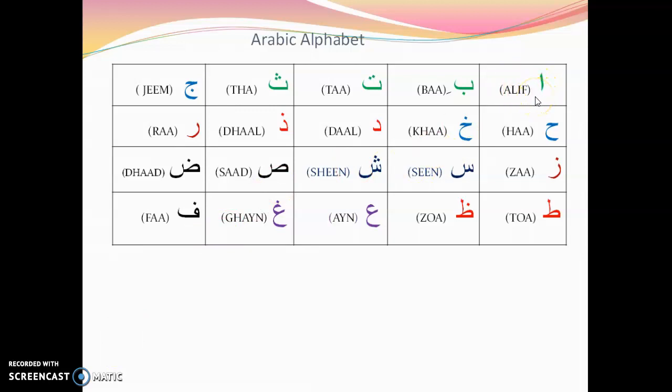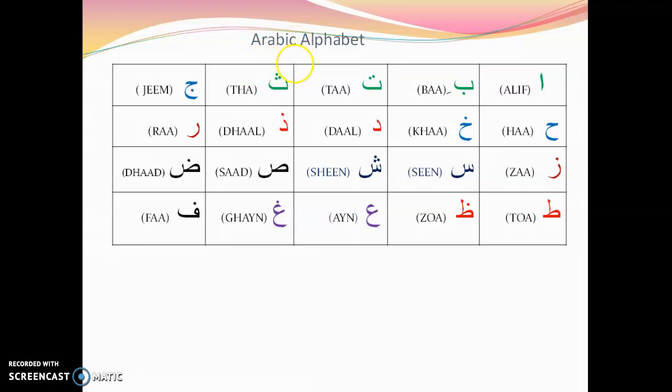Alif, Ba, Ta, Tha. You pronounce this letter Tha from the right underneath of your upper teeth front.